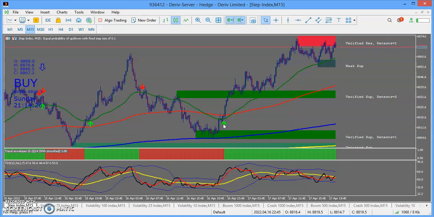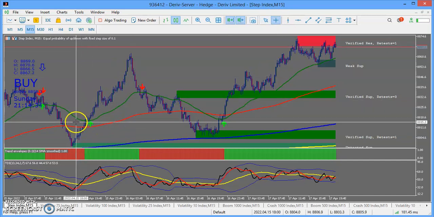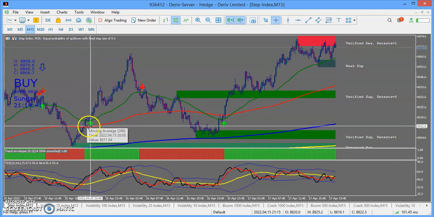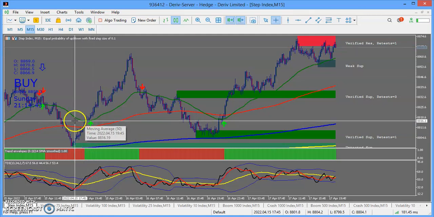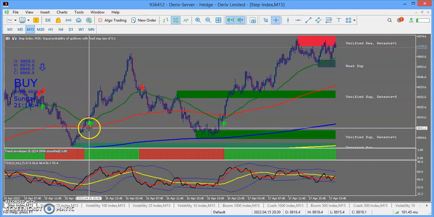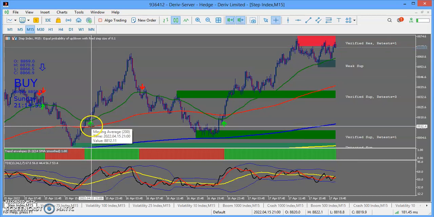So now how do we pick a trade with this? If you watch somewhere here where you have this green arrow, this green moving average was above this red one. So whenever the green moving average is above the red and this arrow appears, you wait for this candle to close, which is the signal candle.